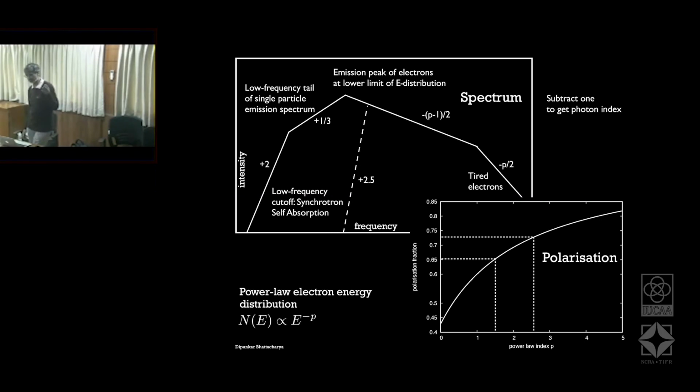But that is hardly ever the case, because there will be processes while the radiation propagates which can change polarization. You can get Faraday rotation, you can get depolarization due to thermal medium in between. So you have to remove all those effects and then ask whether you are seeing the effect of the basic emission mechanism.